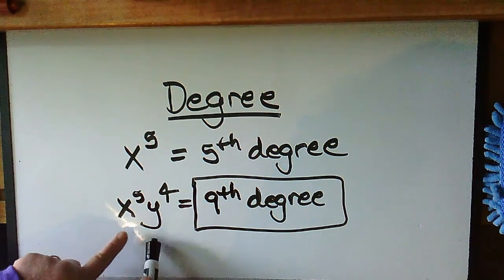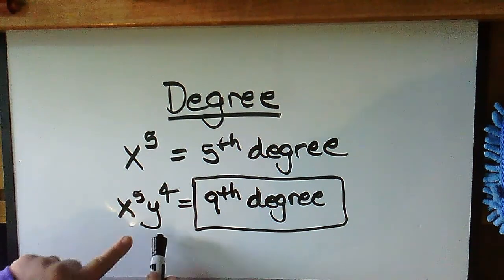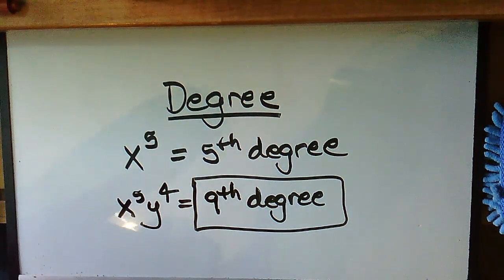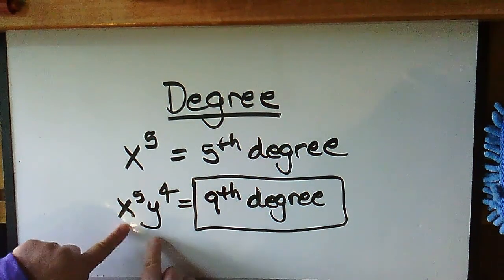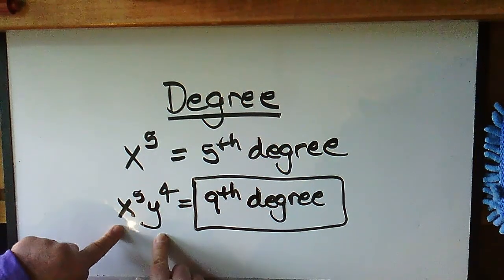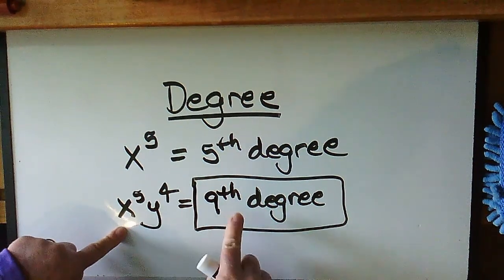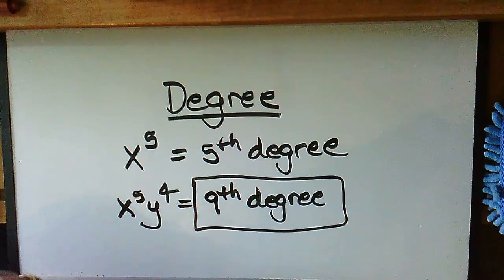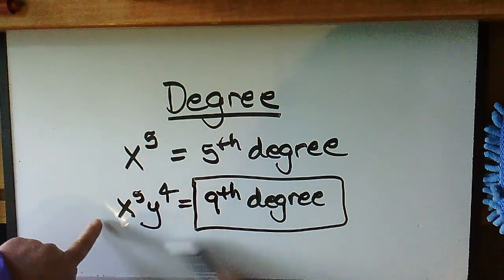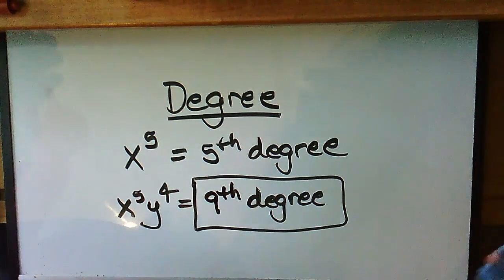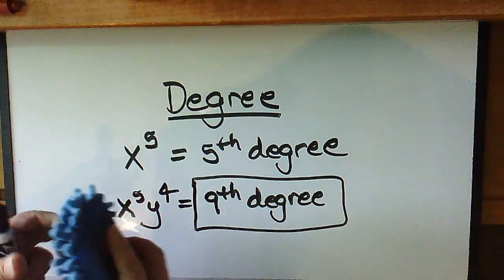But I'm just telling you that you're going to get into a little something called binomial expansion when you get to Algebra 2. And when you see this, you are going to be ahead of the game, because you're already going to have some understanding of how degrees of polynomials work.